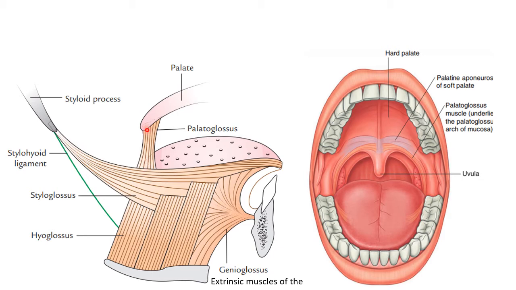Then comes the palatoglossus. It is a slender slip. It arises from the palatine aponeurosis of the palate and is inserted into the side of the tongue at the junction of the oral and pharyngeal parts, the junction of the anterior 2/3 and posterior 1/3.